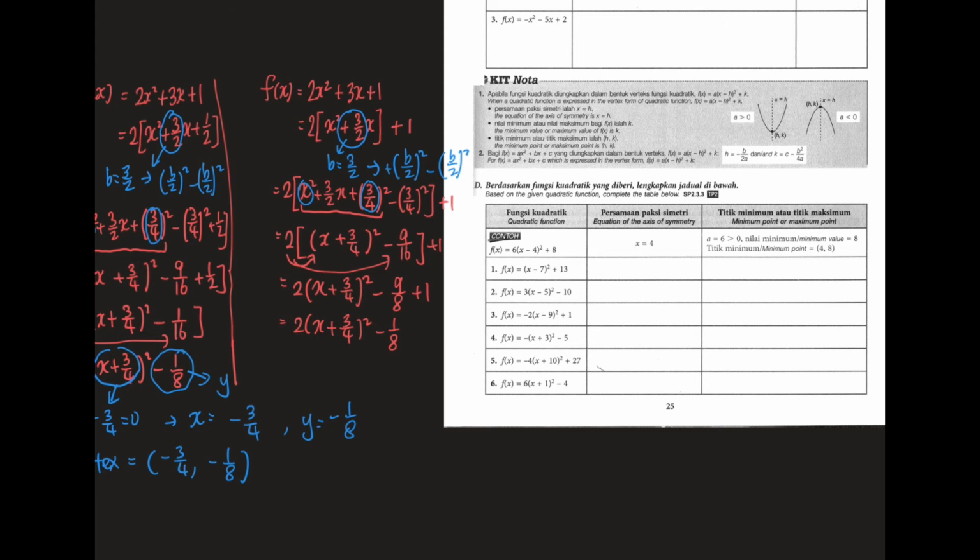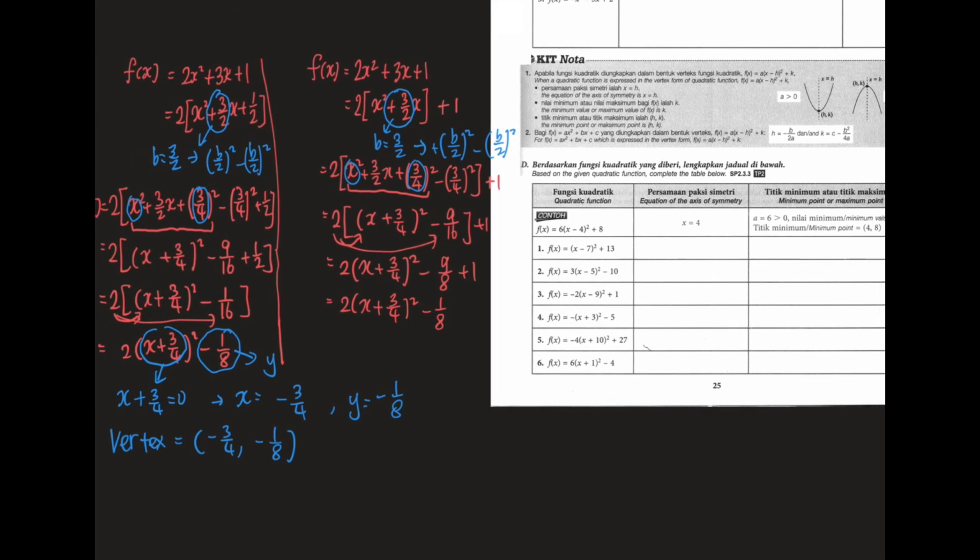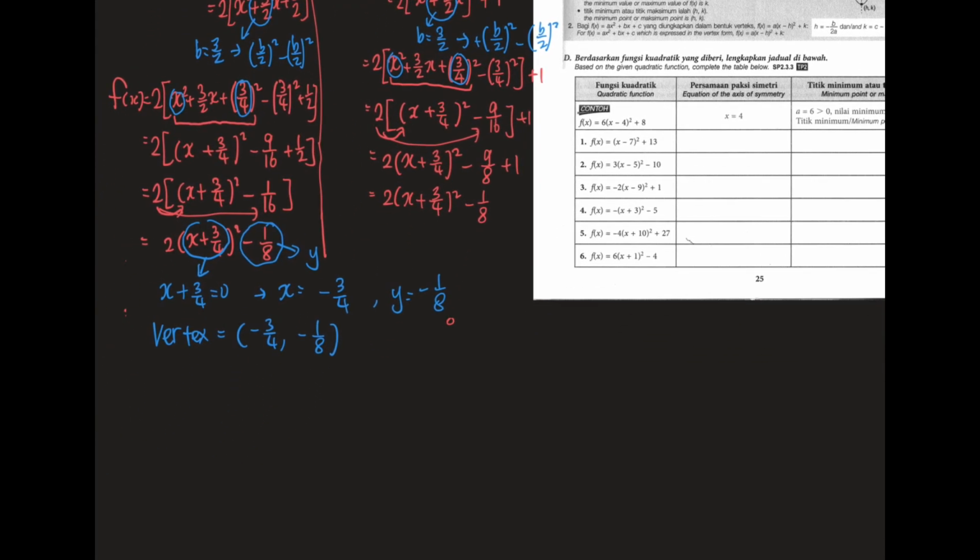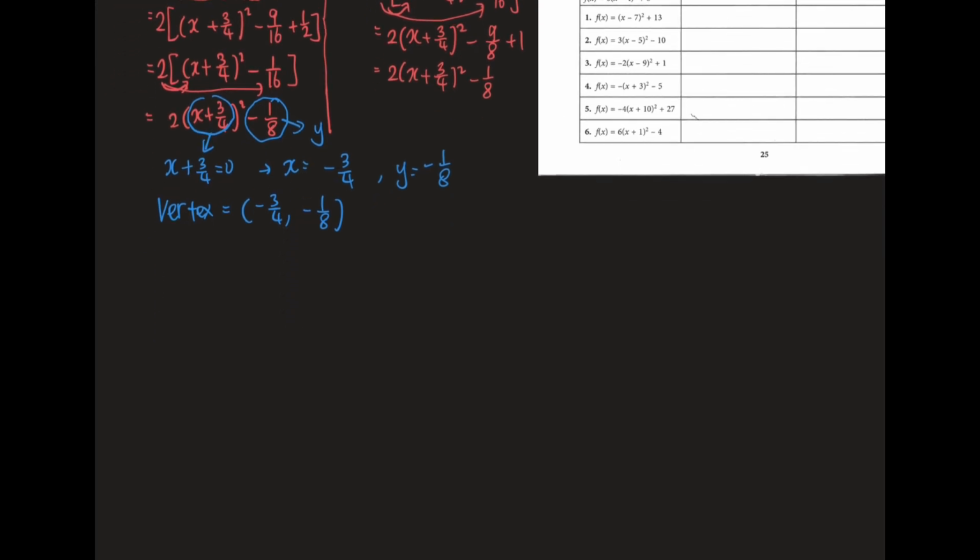Okay, let's say for my case here, if I have done completing the square and get this, now let's say I draw out the graph. Negative 3 over 4, negative 1 over 8. So my vertex is here.